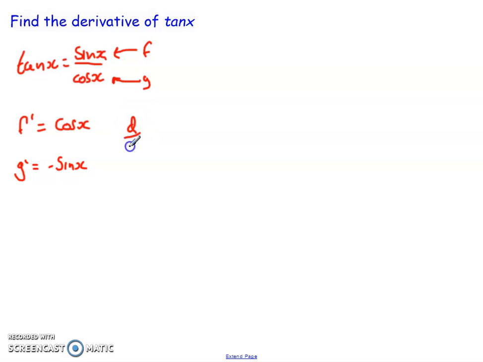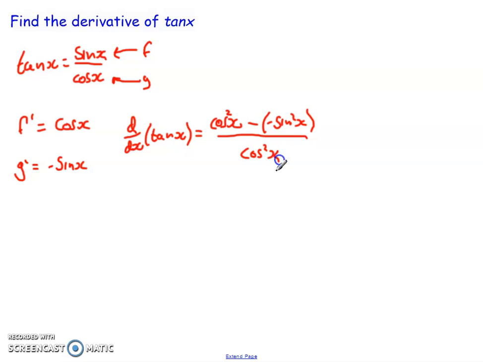So the derivative, d by dx of tan x, is going to be given by f dash g, so cos x times the cos x on the bottom, so cos squared x, take away g dashed f, so it's going to be minus sine x times sine x, so that's going to be minus sine squared x, all over g squared, so all over cos squared x.